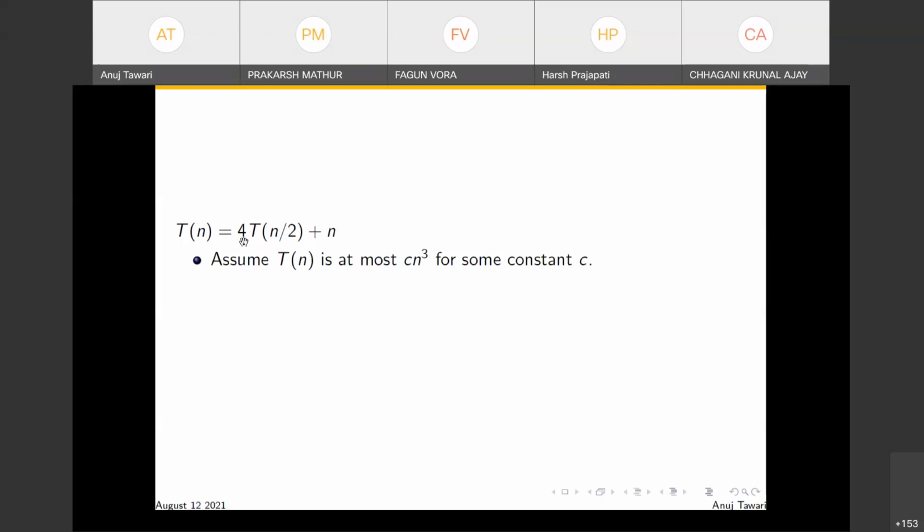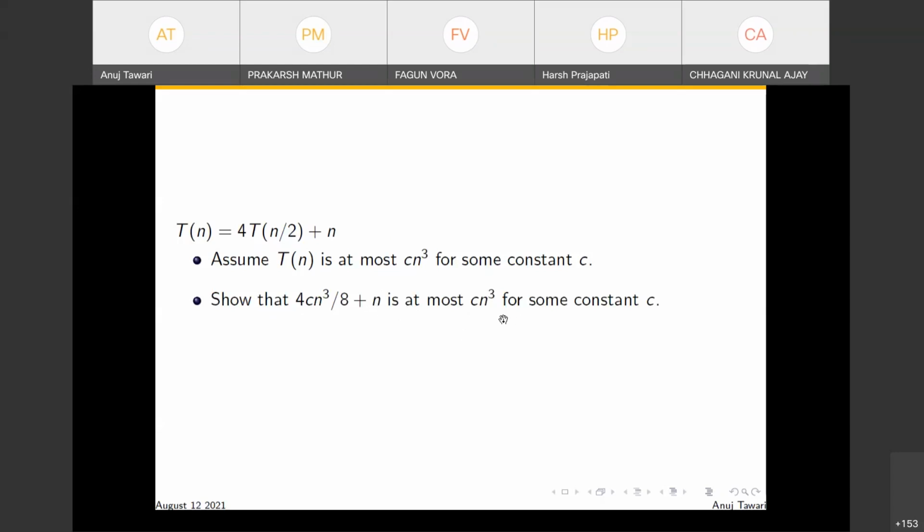Then you will also need to show that 4 times T(n/2) plus n is also at most some constant times n cube. So substitute n by n/2 in this. What you get is 4 times c n cube by 8 plus n. This will be c n cube by 2 plus n, which is at most c n cube. This is obviously true because c n cube by 2 is always larger than n.